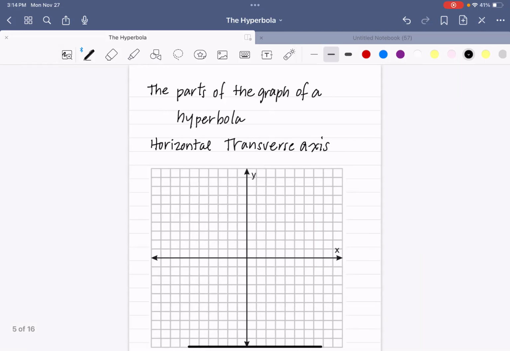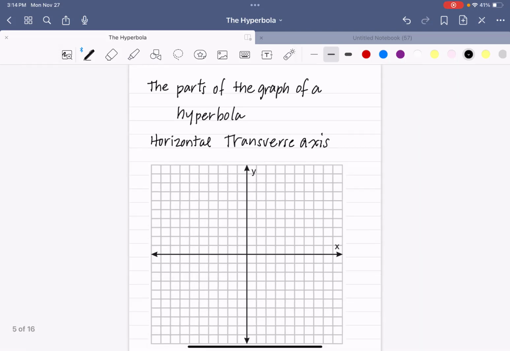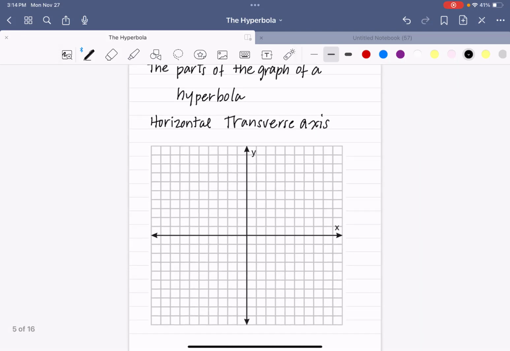Okay, so let's look at the parts of the graph of a hyperbola with a horizontal transverse axis. So we'll put in a few more parts. When you have a hyperbola, it'll have two vertices. It'll also have guide points. So I'm going to put a point here and a point here.